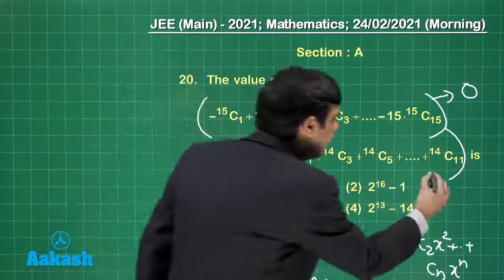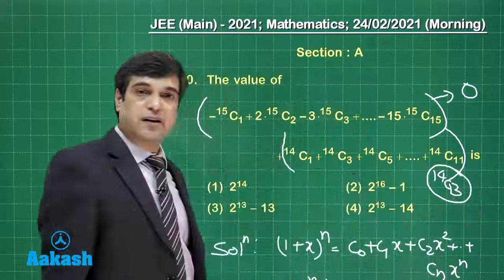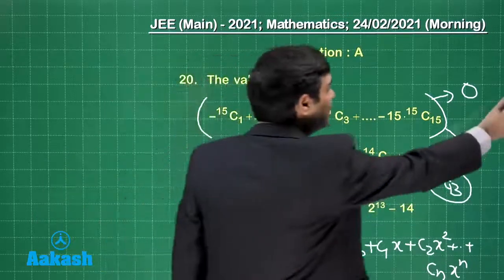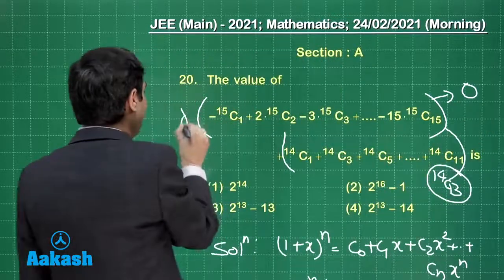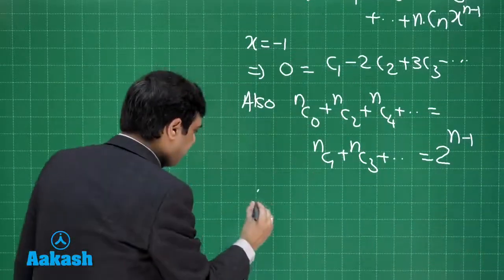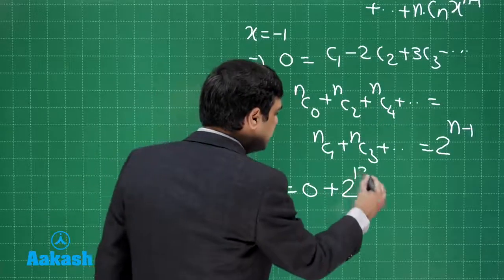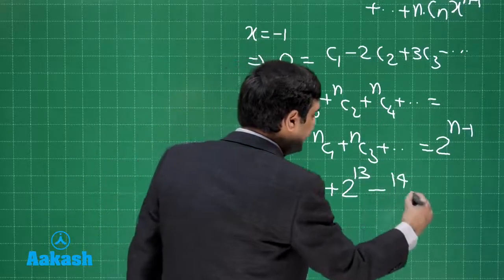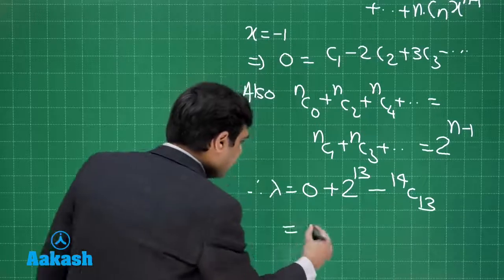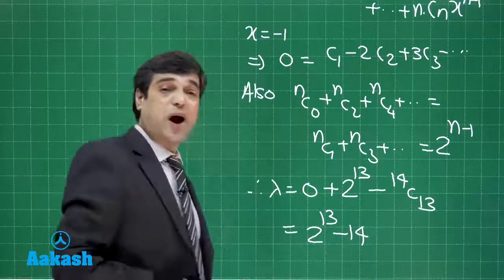Which term is missing? Here 14c13 is missing. Correct? So this result is actually, if I take the entire thing as lambda, I can say lambda is equal to 0 plus 2 raised to the power 13 minus 14c13, or simply you can say 2 to the power 13 minus 14 is the required answer.